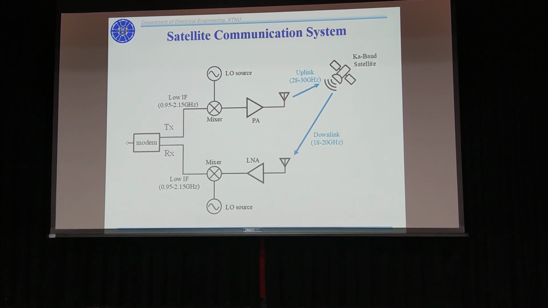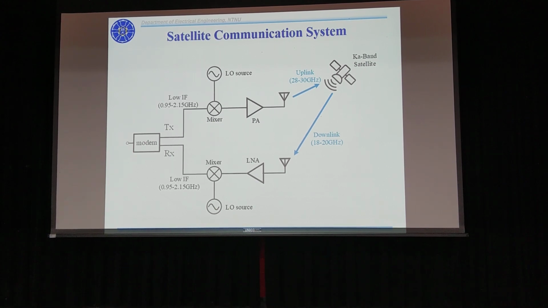Recently, satellite communication is getting more attention for high data rate transmission. Many commercial groups utilize the frequency band around K-band to provide wide bandwidth. The uplink is set at 28 to 30 GHz, and the downlink is set at 18 to 20 GHz for high-speed internet.